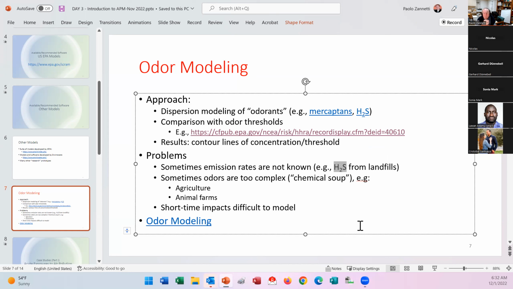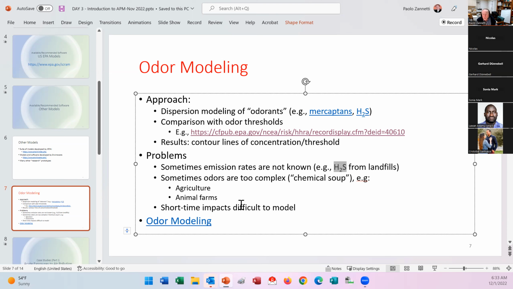I've been working on several landfill projects, and it's always a big problem. There are landfill models that may give you an estimate of the emission rate, but even these models have uncertainties of orders of magnitude. So this is a challenge.